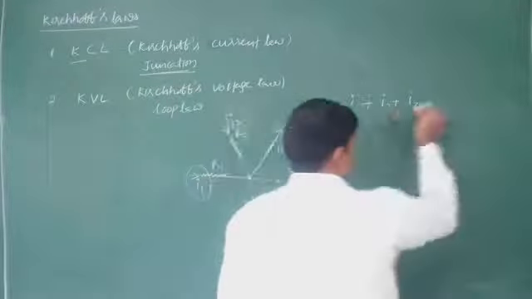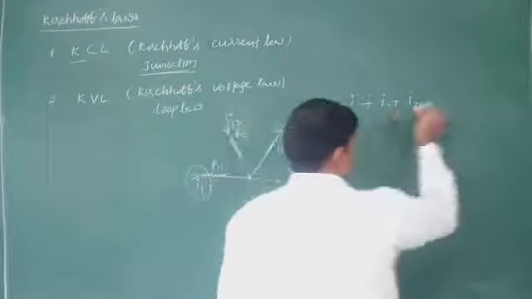Right now we want to derive the expression for the bridge balancing condition. Bridge balancing means the current passing through this galvanometer must become 0. When the potential at point B is equal to the potential at point D, then current is not passing through it. So when the current passing through the galvanometer is 0, the bridge is said to be balanced.